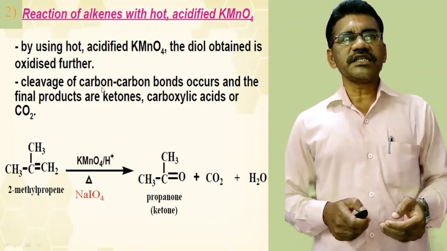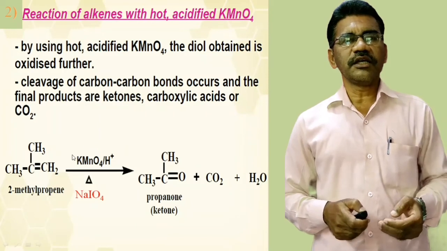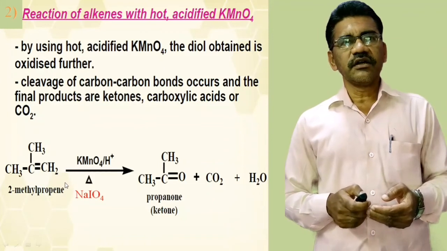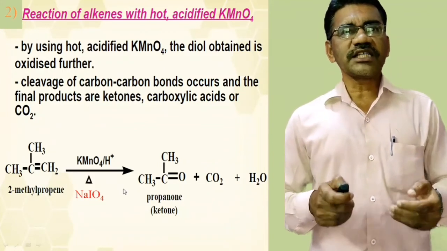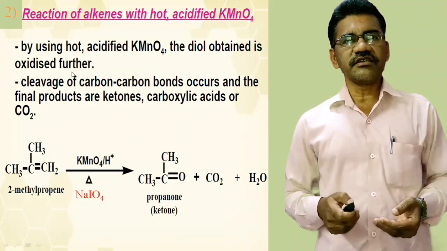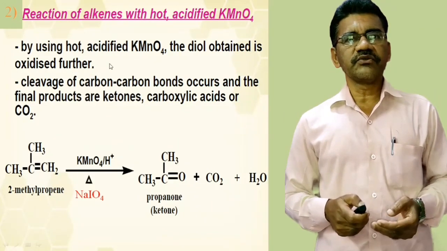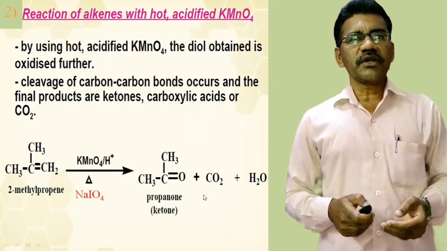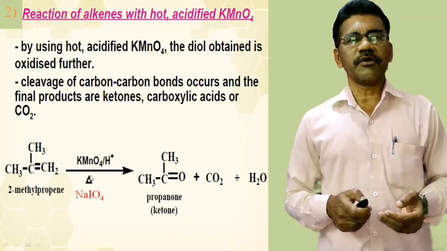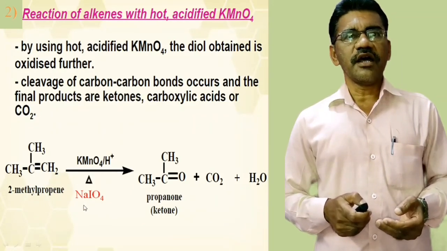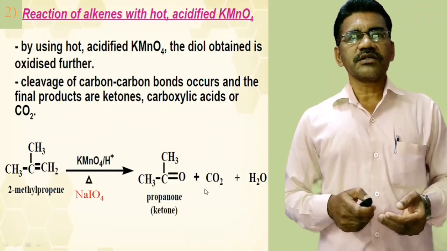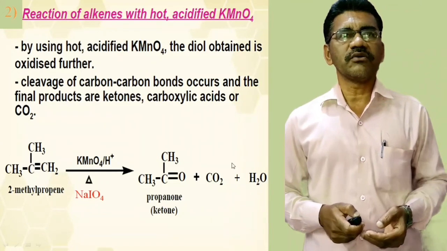Here, the alkene reacts with KMnO4 in presence of acid. First, the formation of diol takes place, and this diol then further oxidizes by using sodium periodate to produce ketone plus carbon dioxide plus water. Let us consider 2-methylpropene reacting with KMnO4 in presence of acid and sodium periodate to produce propanone plus carbon dioxide plus water.